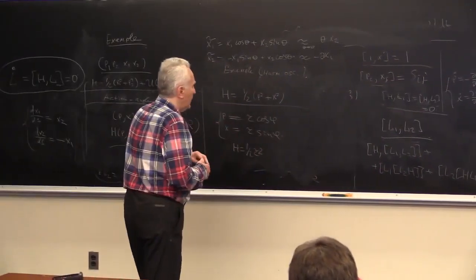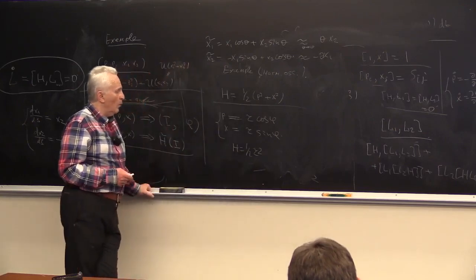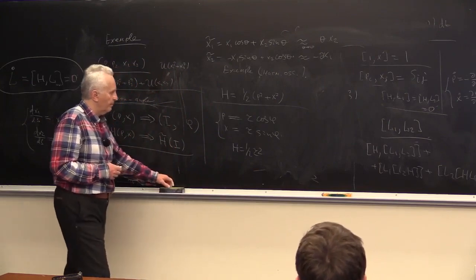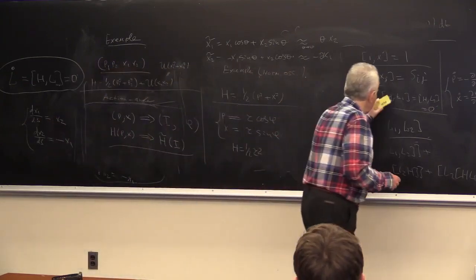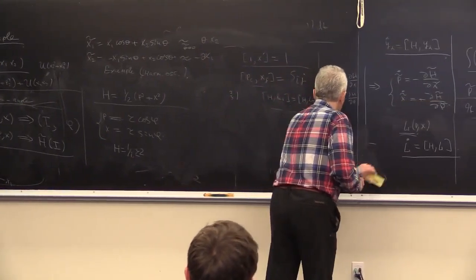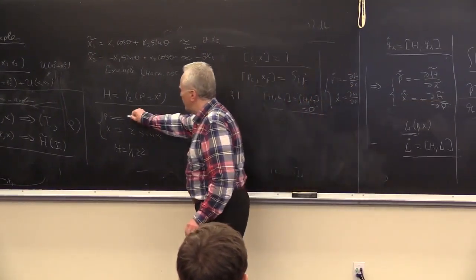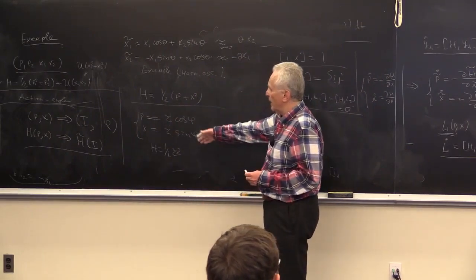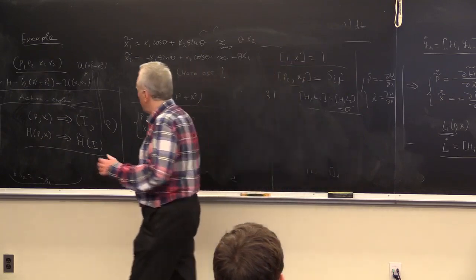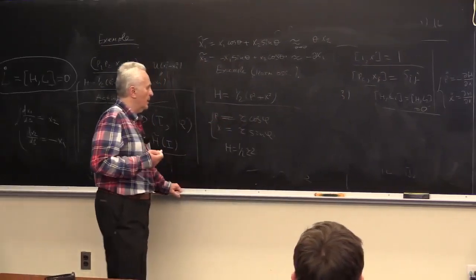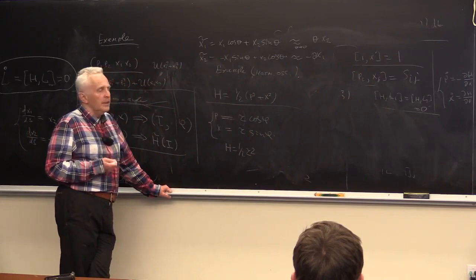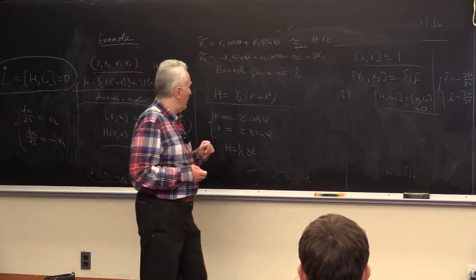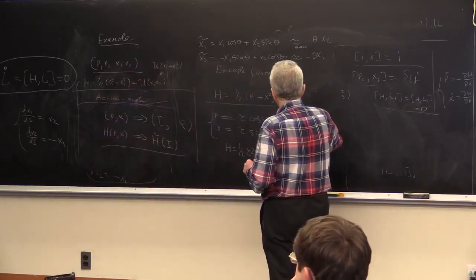But it's not quite right yet. What do you think is wrong with the identification of r? When we have a general change of variables, what we have to check is whether it's canonical. Yes, exactly.